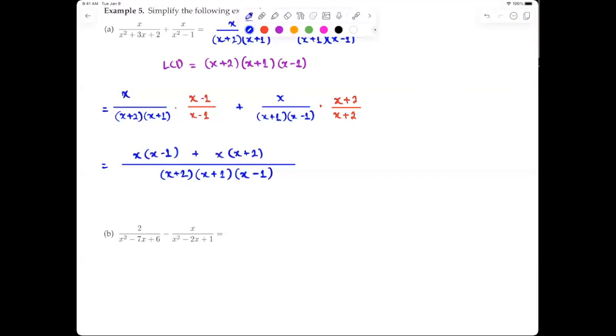See what you get. The denominator is the same, right? The denominator, don't touch the denominator at this point. So x plus 2 times x plus 1 times x minus 1. You get x squared minus x plus x squared plus 2x.